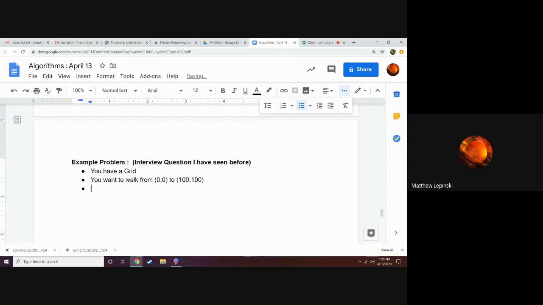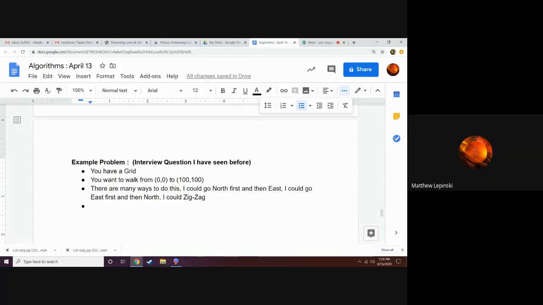And there are many ways to do this. I'll show you a picture in a moment. I could go north first and then east. I could go east first and then north. I could zigzag. So there's a bunch of possible ways.